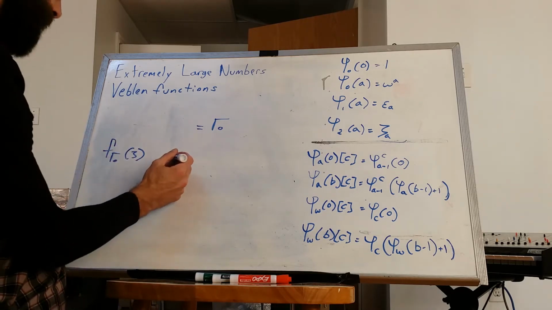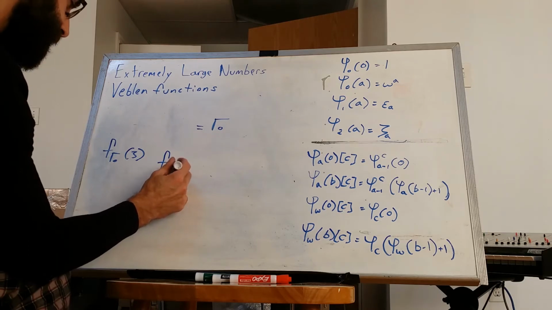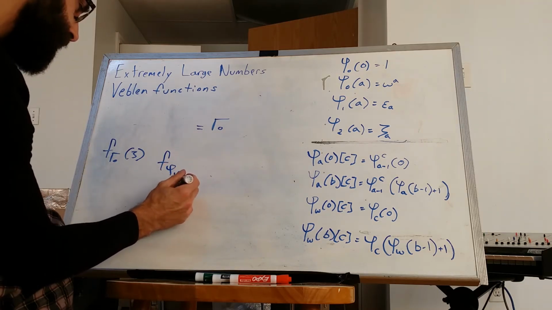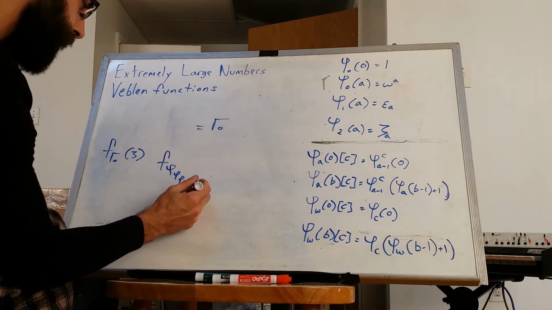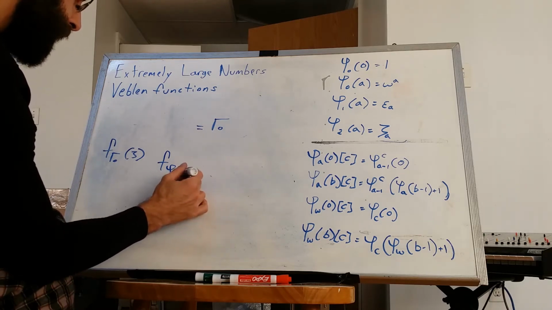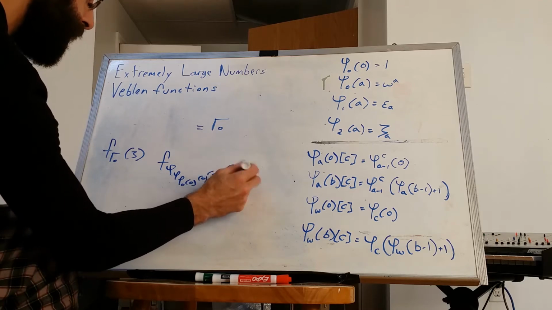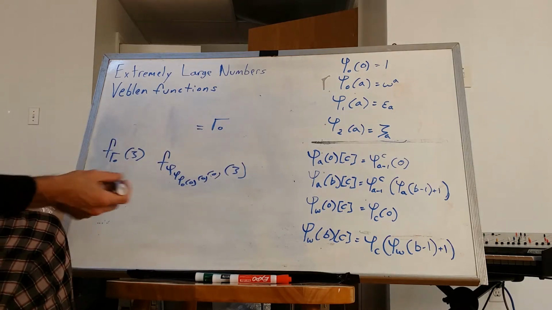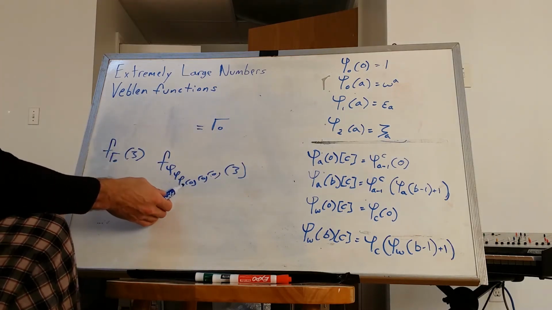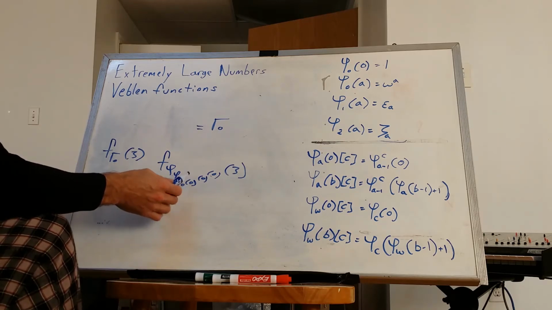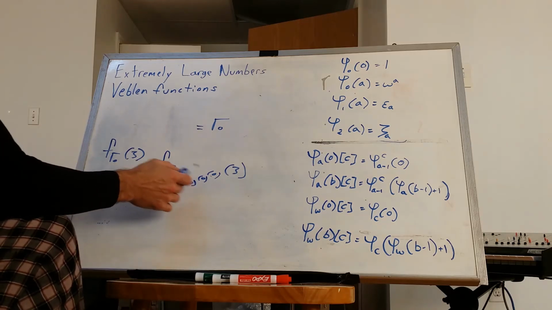So if we were to diagonalize this, this would turn into f sub phi, sub phi, sub phi of 0, of 0. And then this would be of 0, this would be of 0, this would be all of 3. So it gets a little bit confusing because you have to plug in the numbers of each function, because each function has an input that you have to put in.